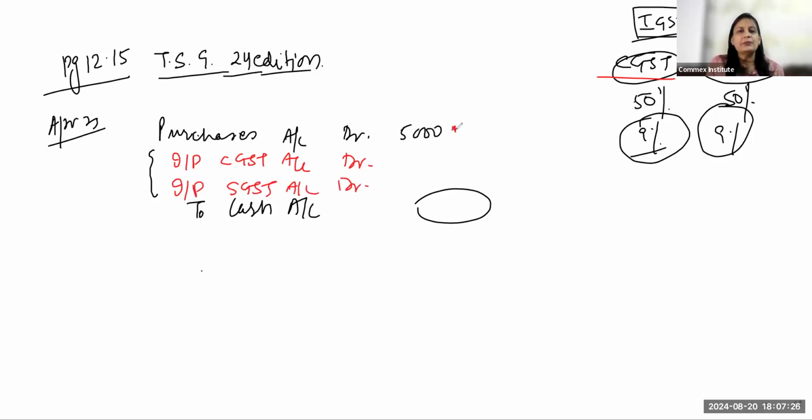The 9%, 9% of this becomes 450 and 450. So we don't have to pay only 5,000 for the purchases. If we are buying it from a registered GST taxpayer, then we have to pay him 5,900. Okay, 5,900. Is it clear, Rehan and Isha, the normal transaction?